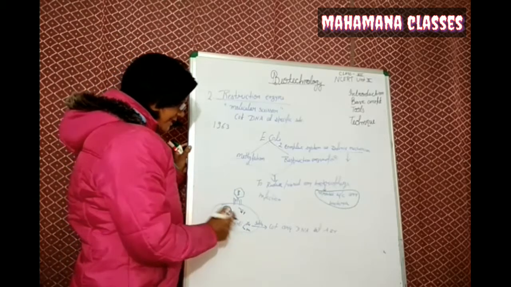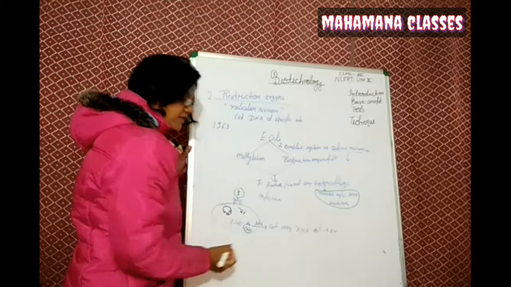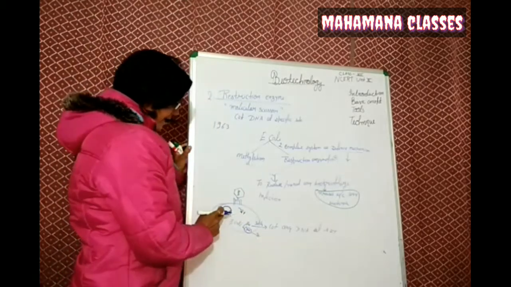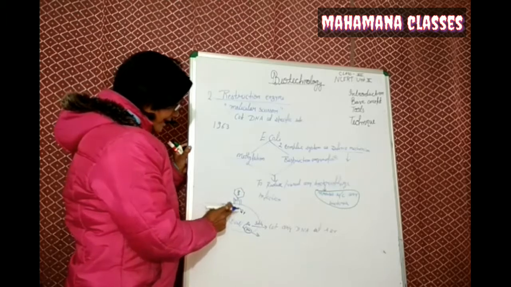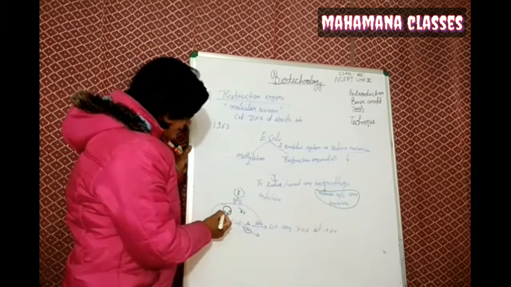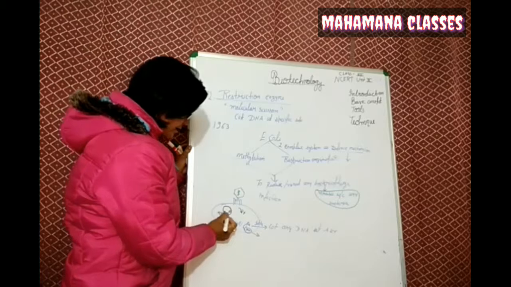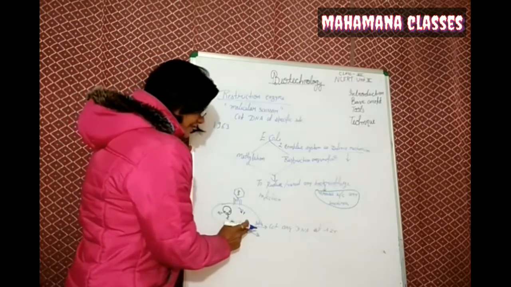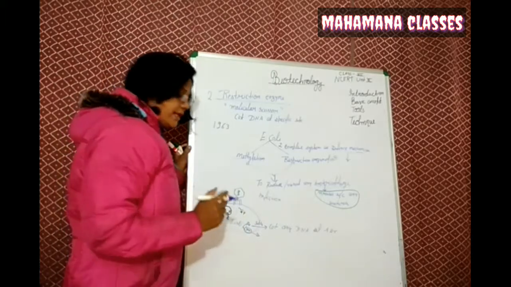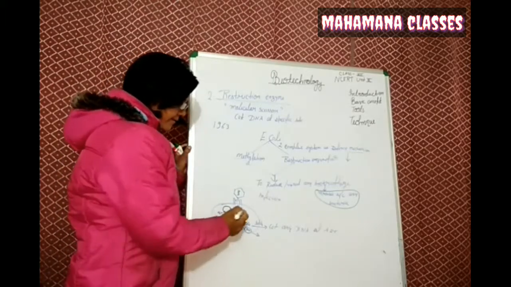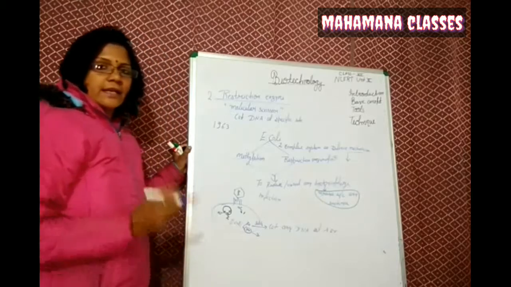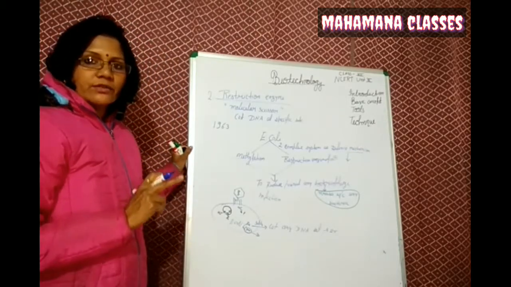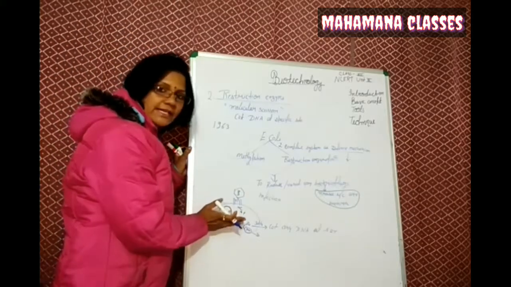So to protect against this, there is another mechanism, which is methylation. In methylation, the DNA of E. coli itself is methylated. Here it is methylated, here it is methylated. Then the restriction enzyme will only recognize and cut the foreign DNA of the bacteriophage without disturbing its own.